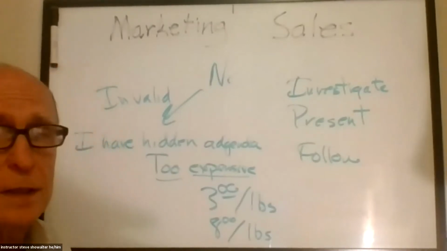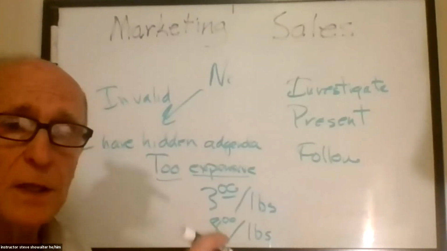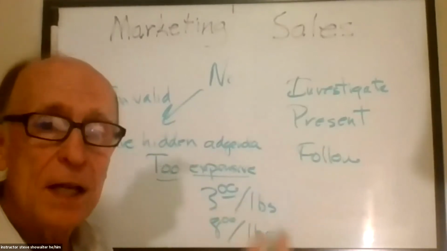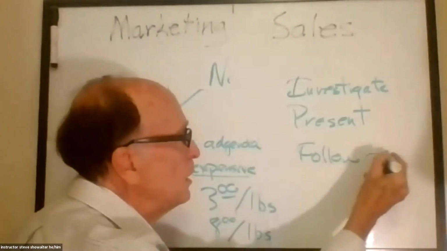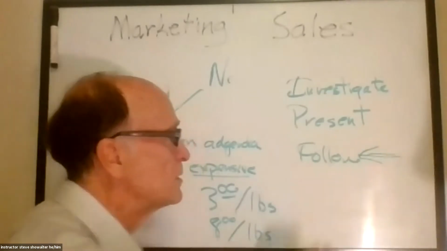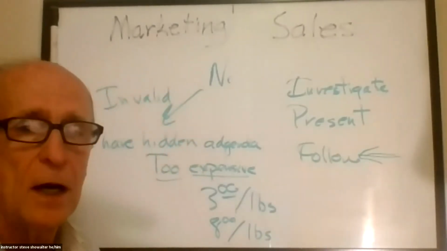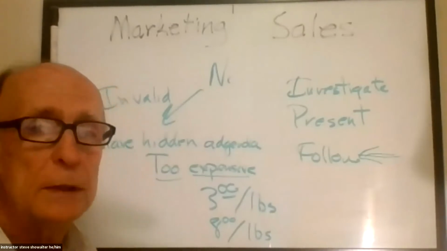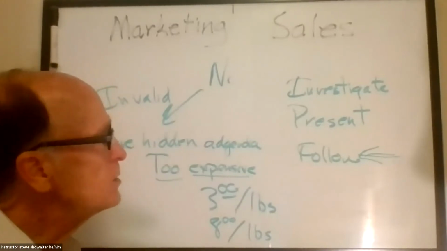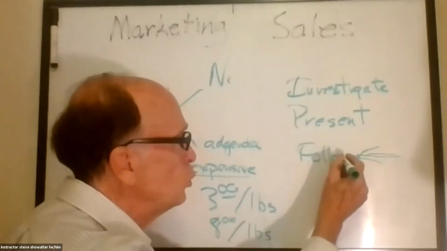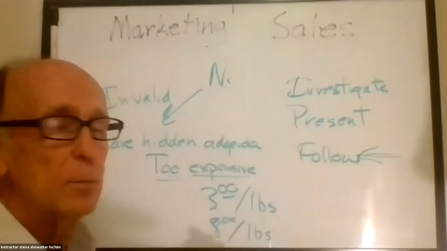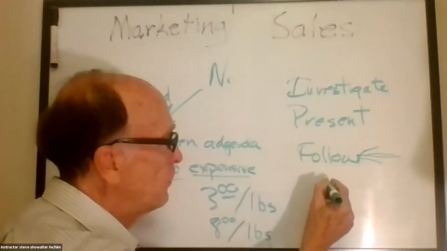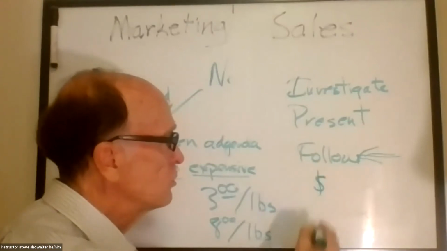But more important than that, in this idea of when is enough enough, when you get to this follow-up piece, this is one of the things that I find salespeople, especially inexperienced salespeople, do too little of. And that is, what am I going to do the next time? The customer has purchased something, so we have dollars of sale.